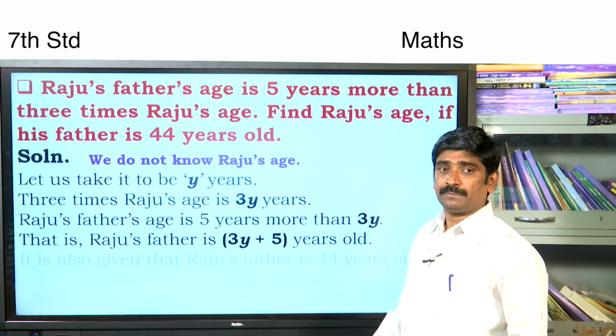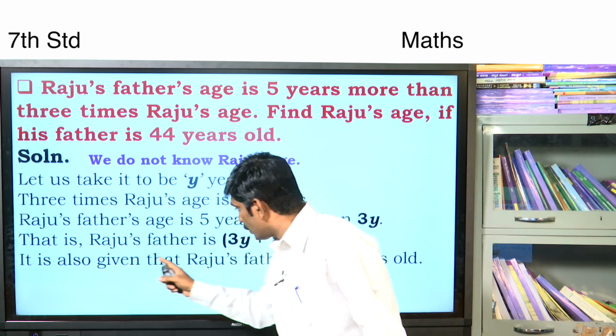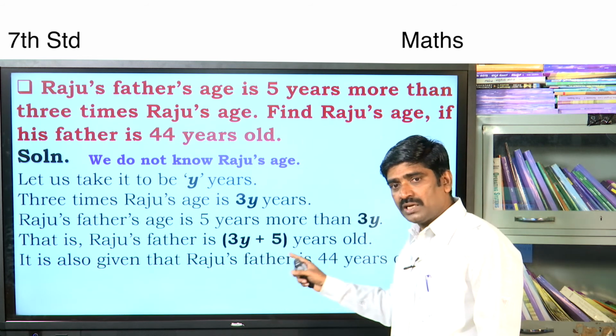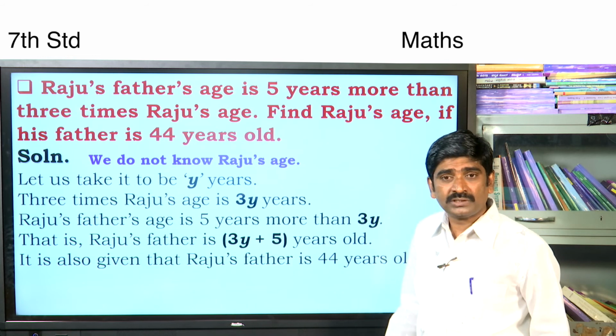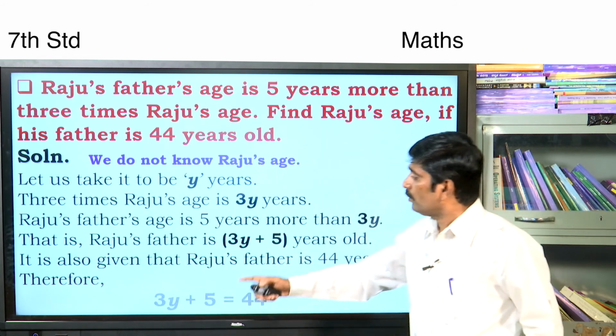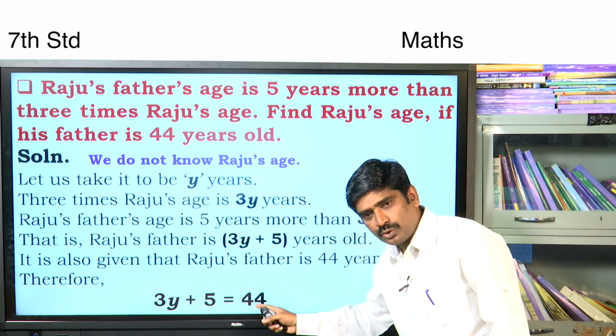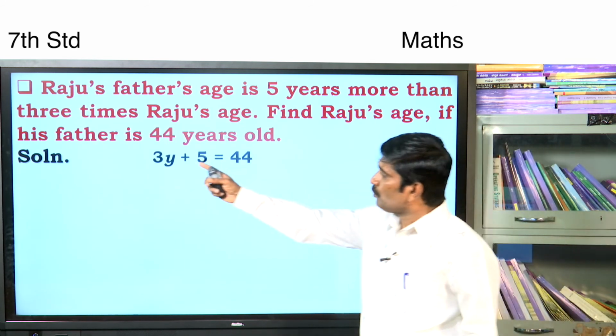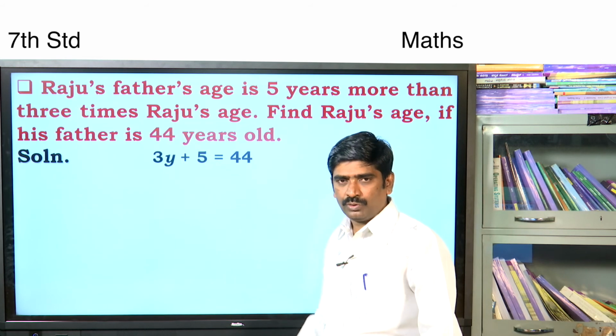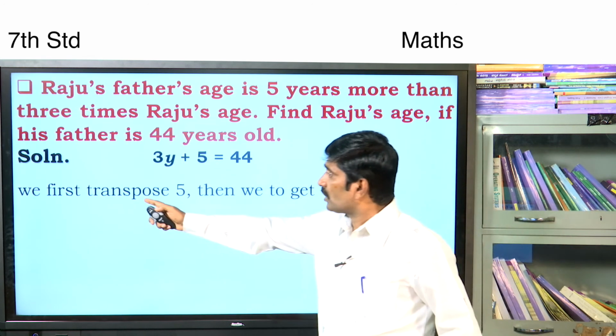It is also given that Raju's father's age is 44 years. Therefore, 3y plus 5 is equal to 44. We first transpose 5.